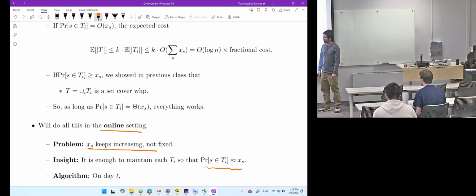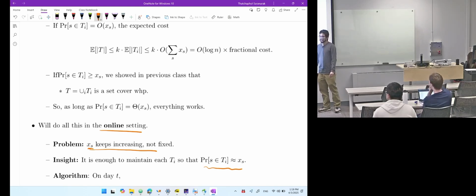Okay. What would you suggest? How do you maintain this? How do you achieve this? There is some natural way to do this. Let's say at day 1, xs increased by 0.1.